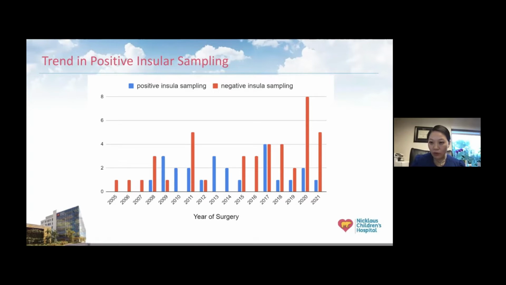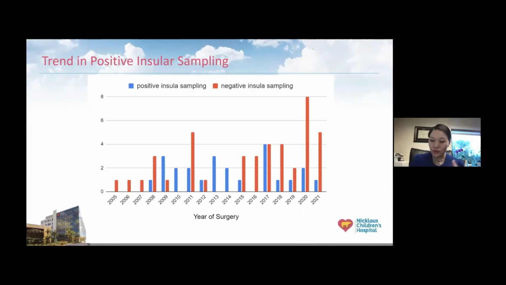As you can see here, over the years the number of positive insular samplings has not significantly changed, but we have done progressively more and more insular samplings over the period of time. So I think we've been much less hesitant to sample the insula in recent years, especially as we understand more about insular semiologies.